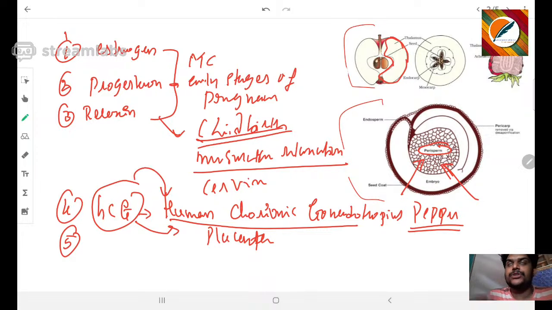The HCG promotes the development of the trophoblast into the placenta.